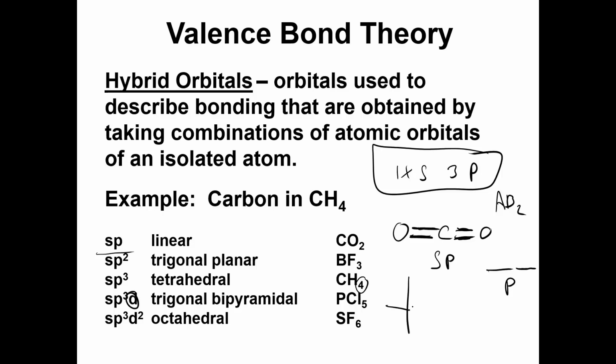That means we have 1, 2, 3, 4, 5 regions here, sp3d. And so one of those has to come from a d orbital. Simple enough. You go to 6, we can take another d. In fact, we have 5 d orbitals, right? So we can actually go crazy if we wanted to and use them all.